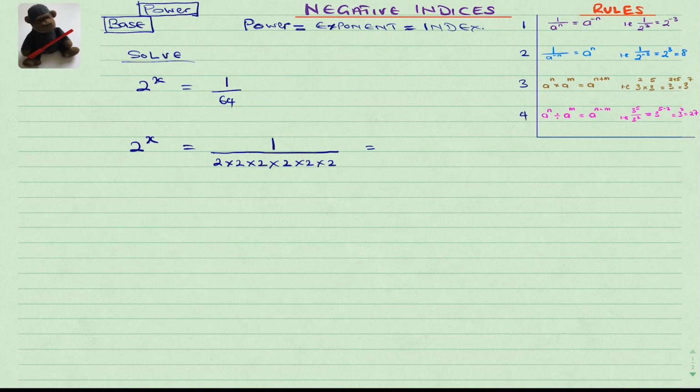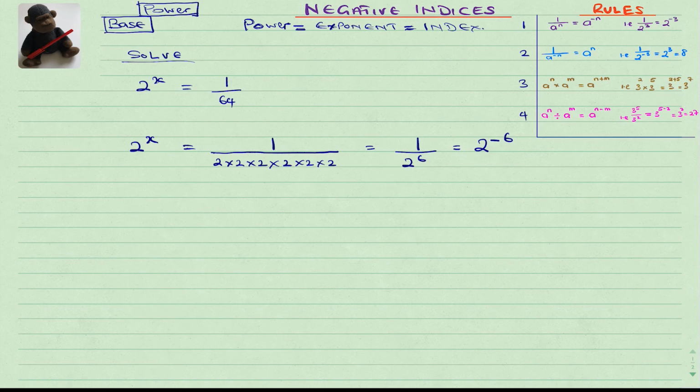Therefore, because we got 6 2's and they all have power of 1 each, and we're multiplying them, we add their powers. So that will be 1 over 2 to the power of 6. And that will become 2 to the power of minus 6.